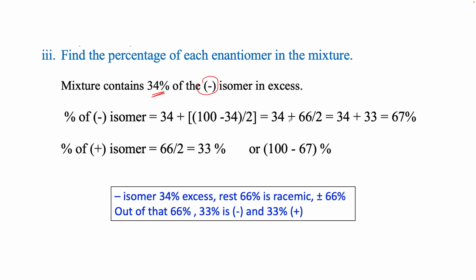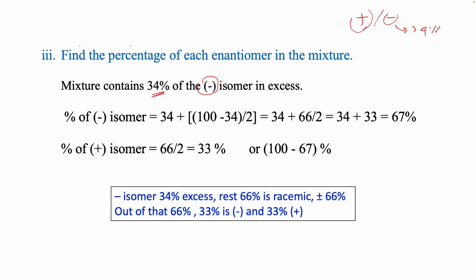That means, since it's a mixture, you have both plus and negative isomers, and the negative one is in excess by 34%. If you had 100% negative, you would have seen a rotation of 15. The reason you don't see that is because there's a plus also; there's actually a racemic mixture inside.